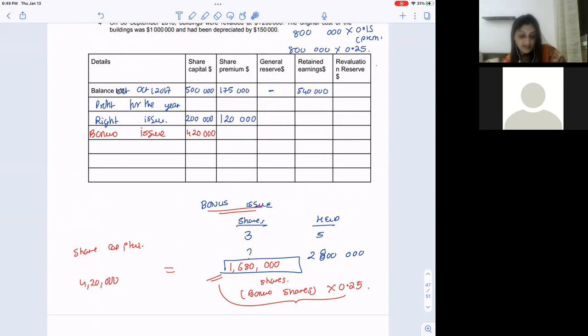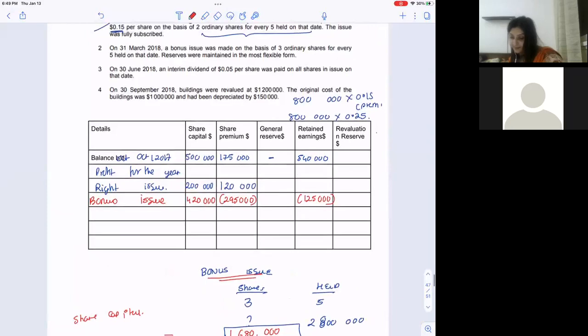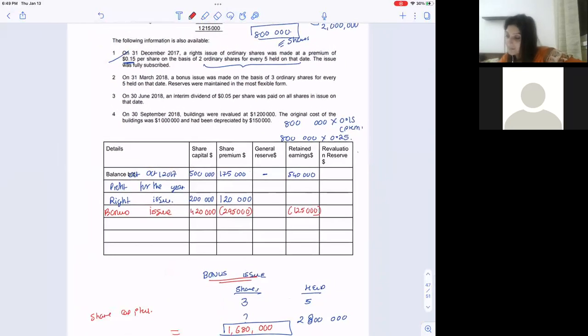The amount in your capital reserves is 175,000 and 120,000, so 295,000. And the balance amount of 125,000 you will use from retained earnings. Got it?